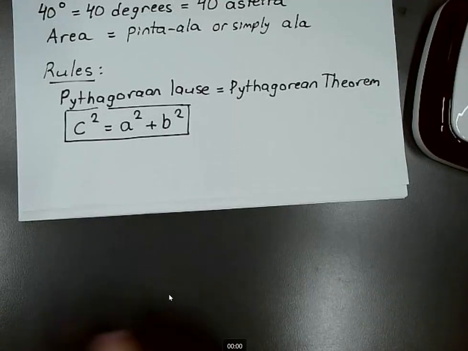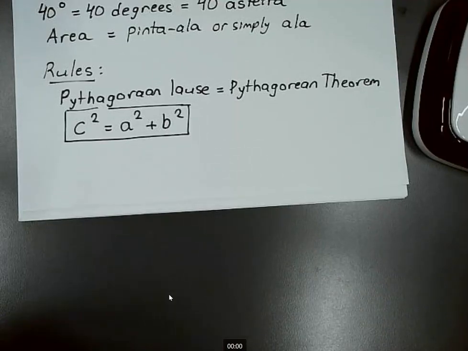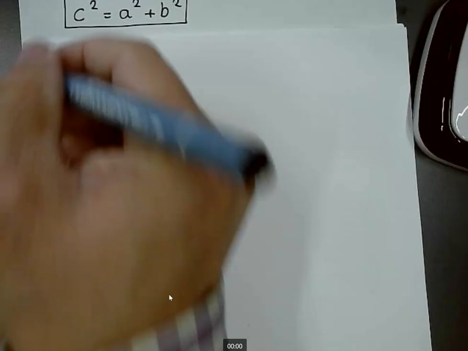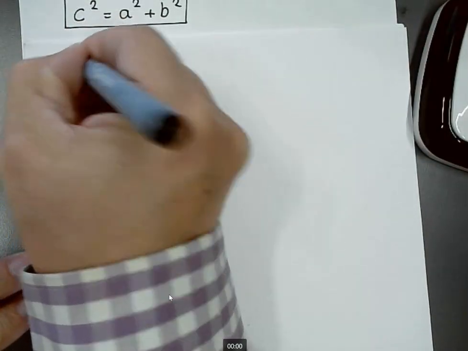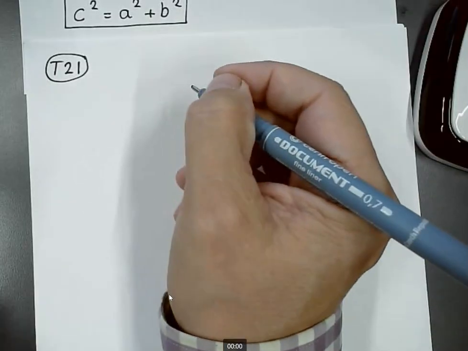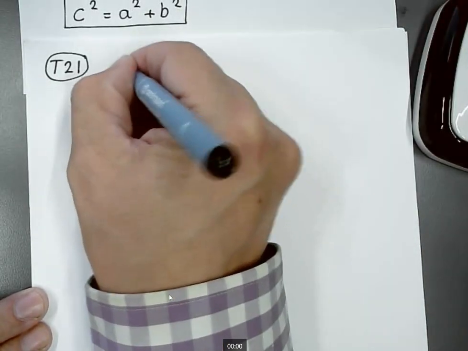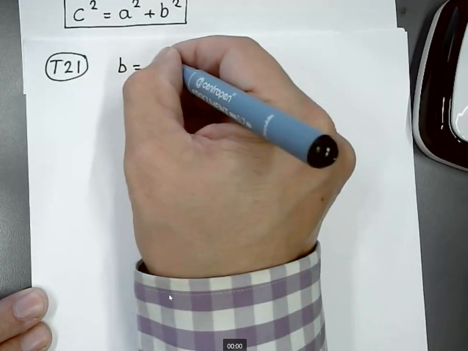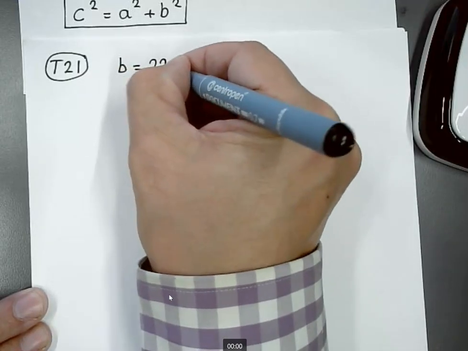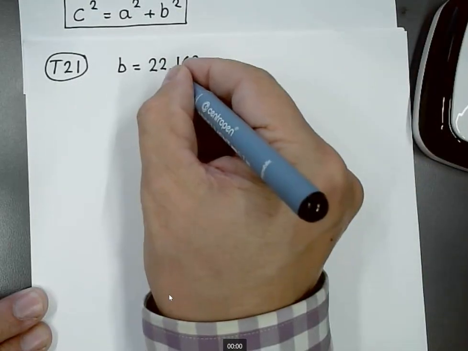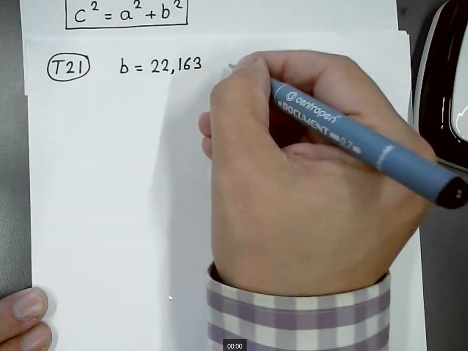So now in problem 21, we knew that B equals 22.163 meters.